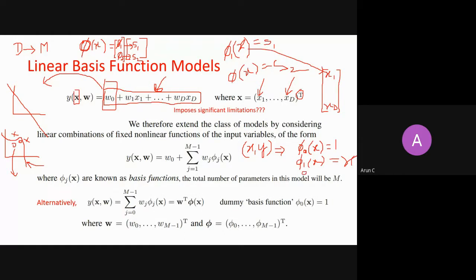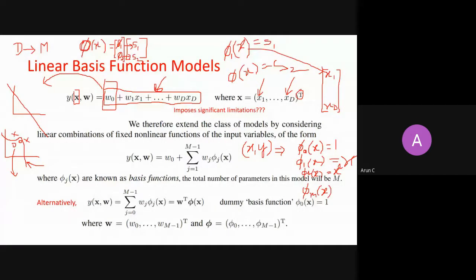Then you take your phi 2, and it will give you x square, right? And in general, you take some mth basis function and you feed x to it. X is univariate here. You feed x to it, and what will you get?